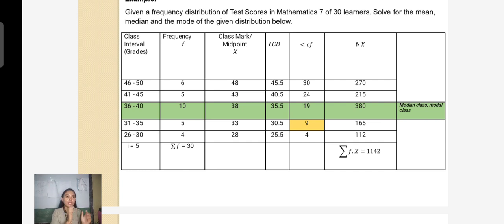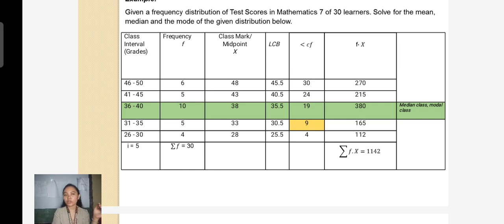For column 6, the F times the X. So, frequency times the midpoint. 4 times 28 is 112. 5 times 33 is 165. And so on, until you reach 6 times 48, which is equal to 270.